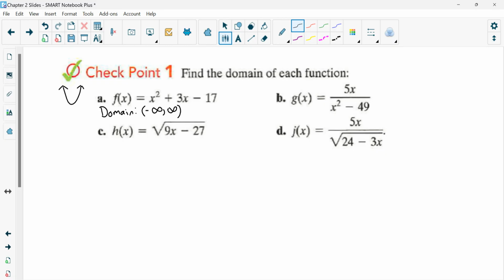As we look at b, which is g of x is equal to 5x divided by x squared minus 49. That is a lot like the problem we just did as that bell ringer. So the first thing we need to do is factor our denominator. So how's x squared minus 49 going to factor?